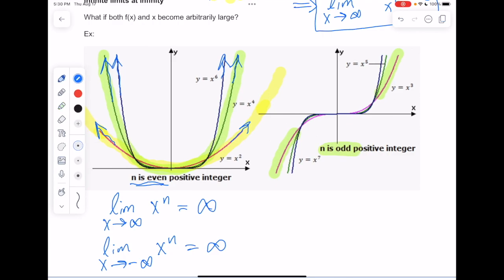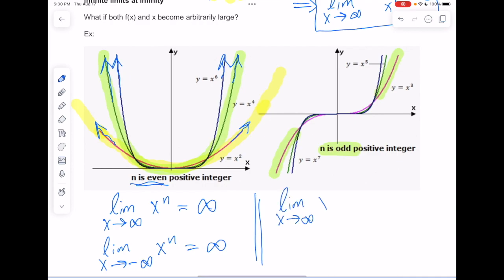So for those, we get a little bit different rule for the odd powers. The limit as x goes to infinity for x to the n on those is still infinity. But if you're going to negative infinity, since now the y value is going downward, those limits as you go to negative infinity of x to an odd power will be negative infinity.